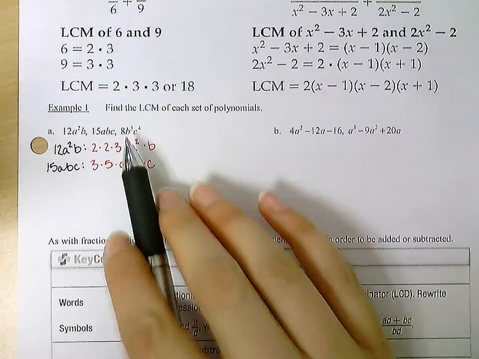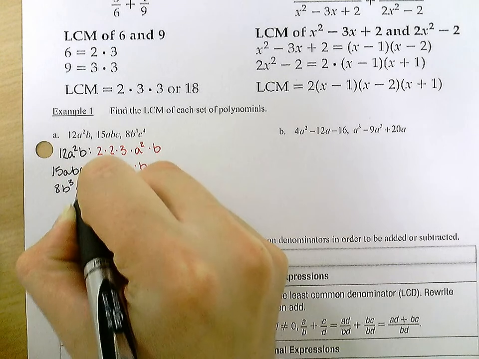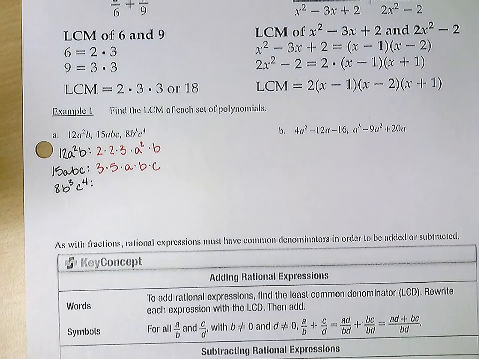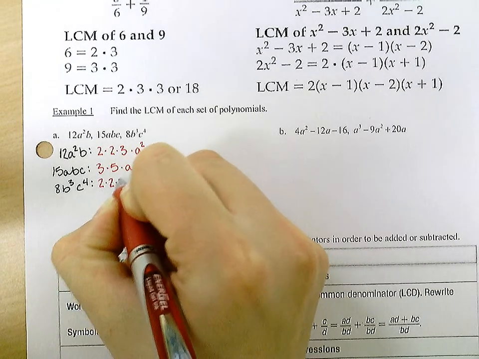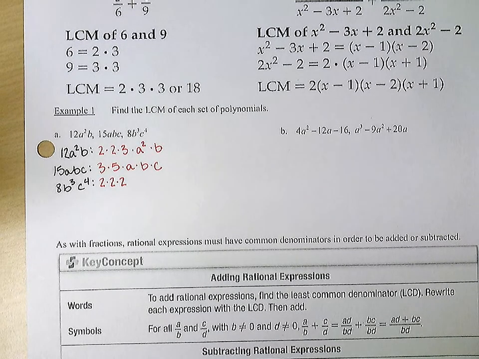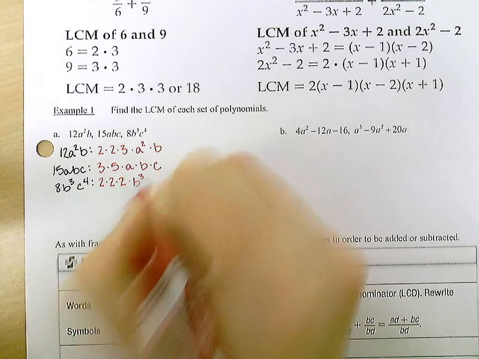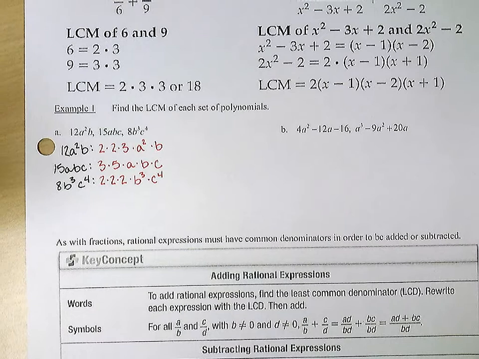The last one is 8b cubed c to the 4th. Factors of 8 would be 2 and 4, but I can also factor 4 into 2 times 2. So you're looking for the prime factors when you do this. Then we have times b cubed and times c to the 4th.